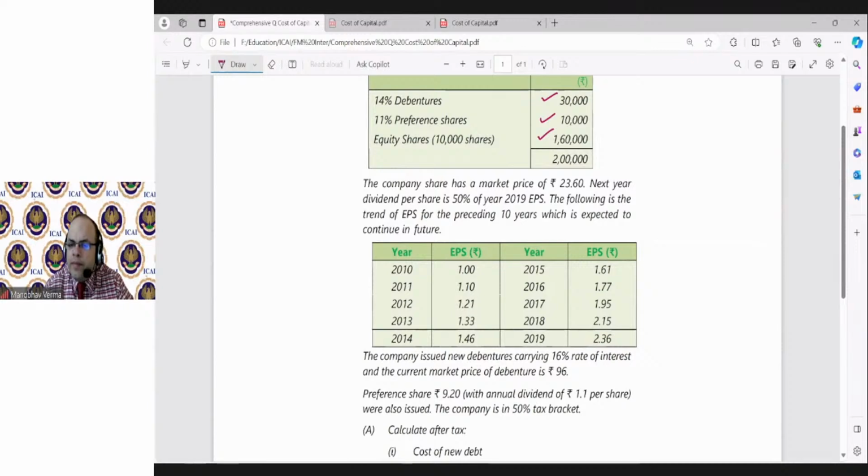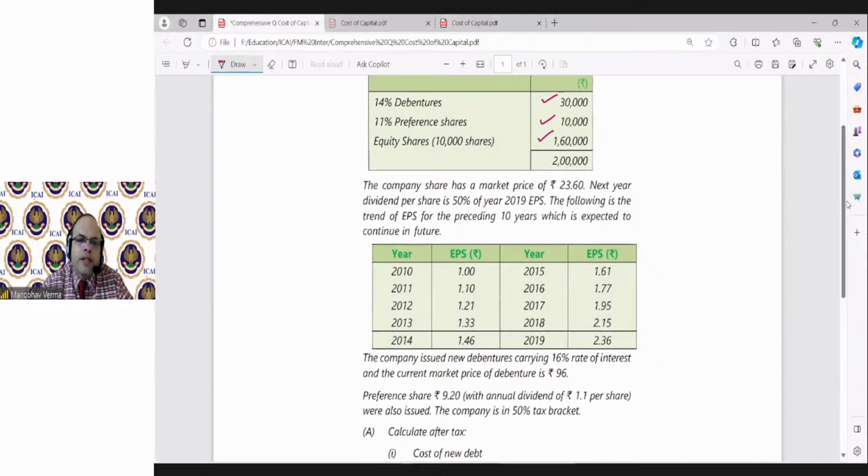Next year, the dividend per share is 50% of year 2019 EPS. And the following is the trend of EPS for the preceding 10 years, which is expected to continue in future. So this is an important line. It says which is expected to continue in future. This is important for us to know.